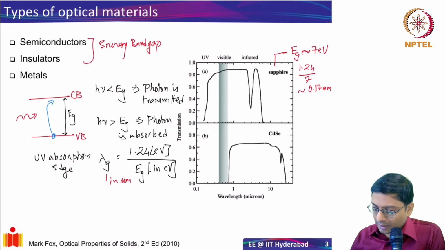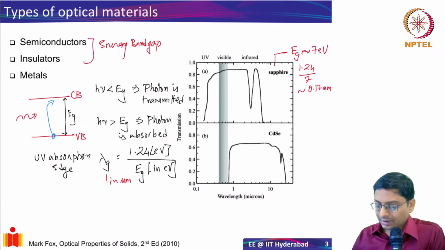So in the UV part, you see that the absorption is increasing, because of that the transmission is reducing for sapphire. And in the visible, essentially the 300 to 700 nanometer range, the energy is less than the band gap, so those photons are transmitted, and that's why you see the transmission to be high for a sapphire substrate.